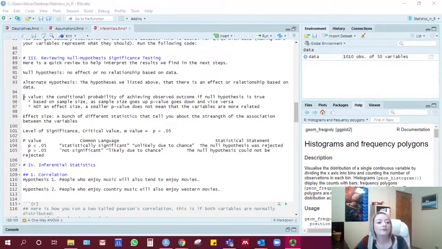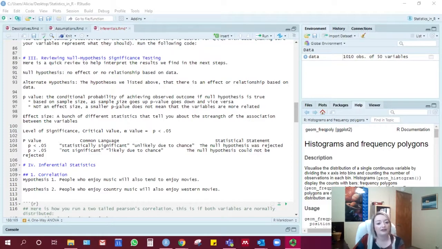Okay, the p-value is just the conditional probability of achieving an observed outcome if the null hypothesis were true. So if the null hypothesis is true and there is no relationship, then what's the probability that you're going to see the pattern of the data that is in your data set? And if it's a really low probability, then the null hypothesis probably isn't true.